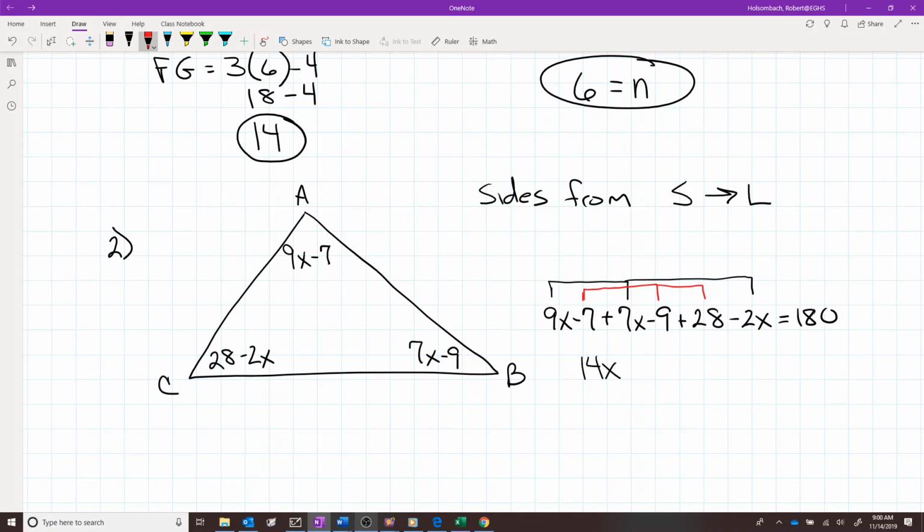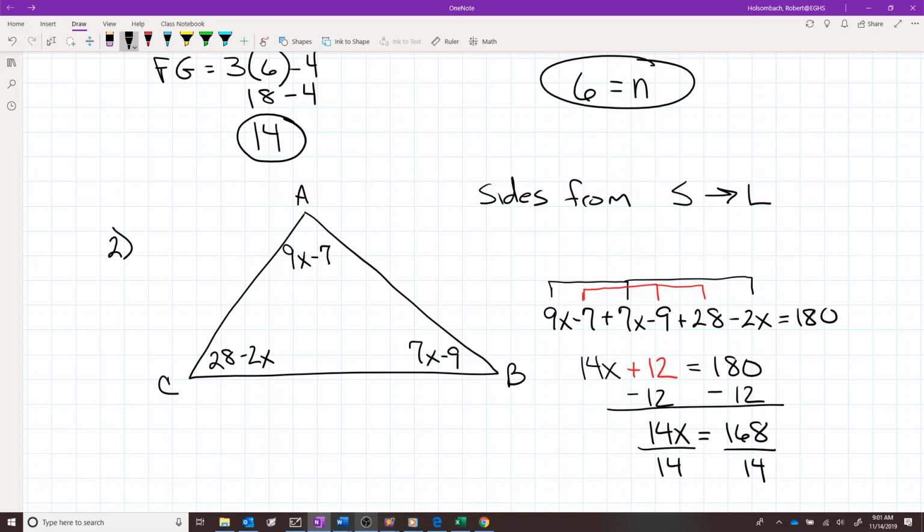Negative 7 minus 9 is negative 16, plus 28. That's a positive 12. And it's still got to equal 180. So if you subtract 12 from each side, your 14x equals 168, and divide by 14. So x equals 12.